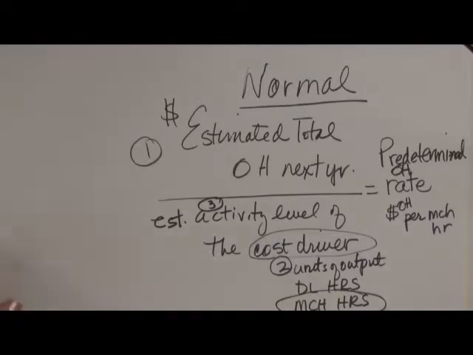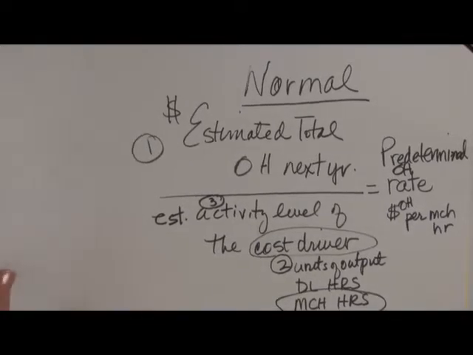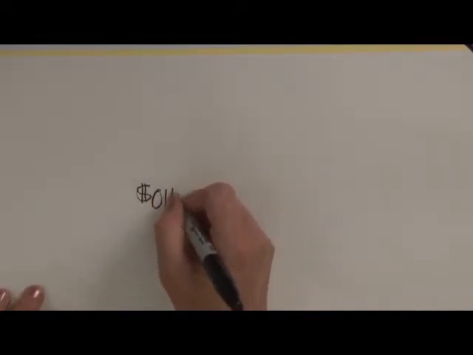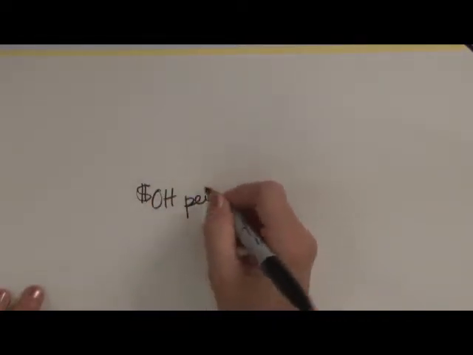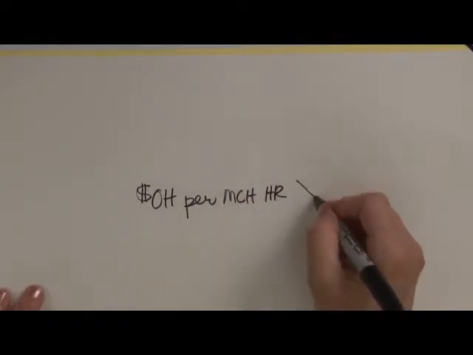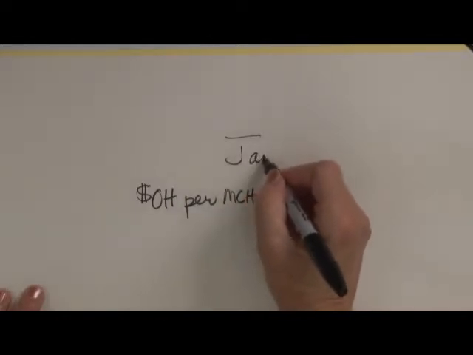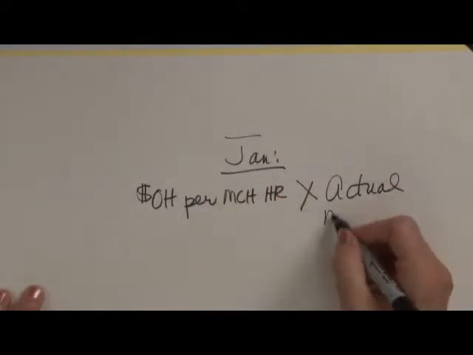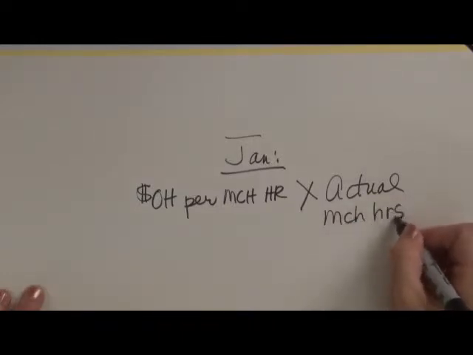Now, what is going to happen is when that year begins, for example, the month of January, then we would take this predetermined rate of so many dollars of overhead per machine hour, for example, and we would multiply it by the actual machine hours for the month of January.